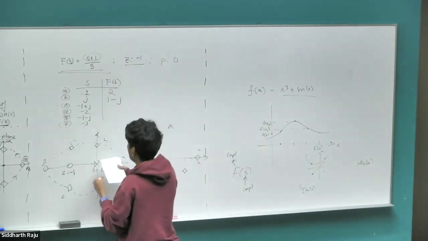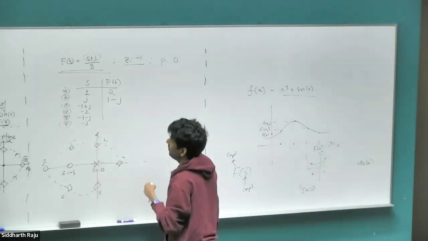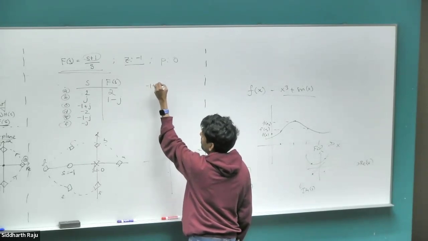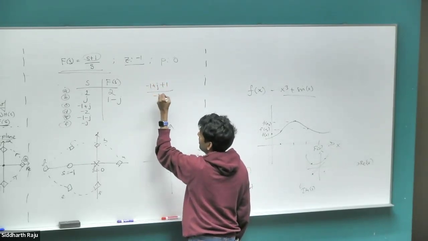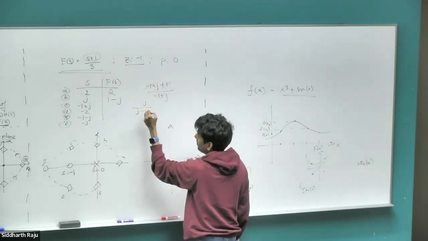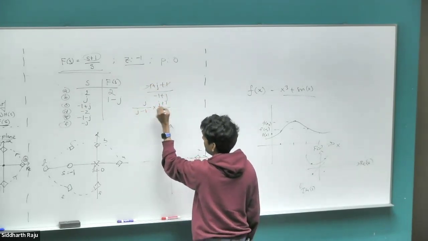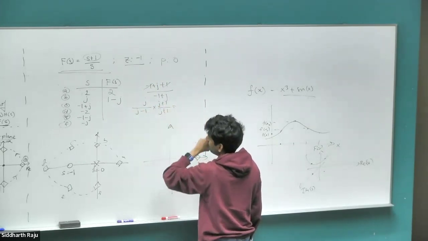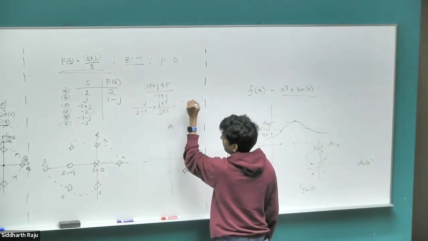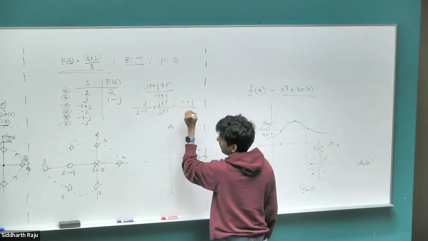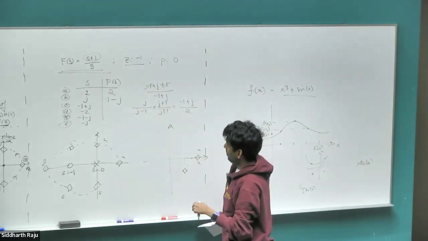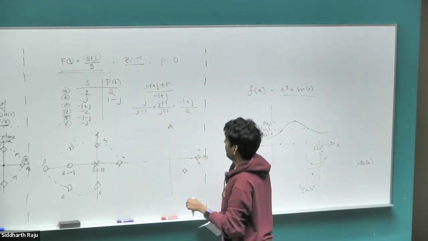Right. And then what would this one come out to? So we have -1 plus j plus 1 divided by -1 plus j divided by j minus 1. This is going to be equal to -1 plus j divided by 2, I think, or -2.